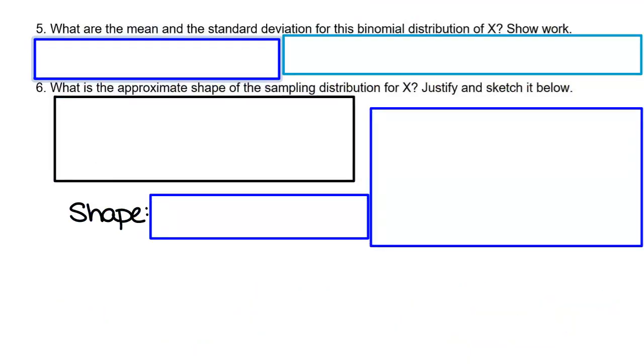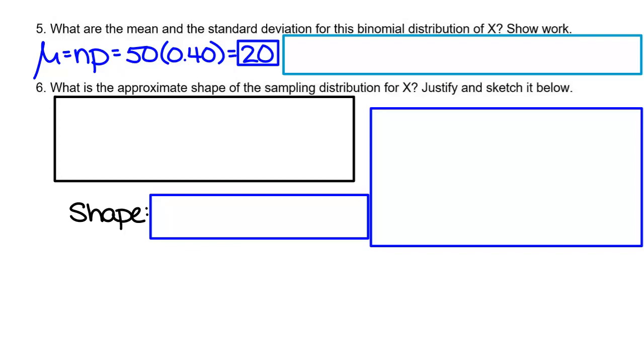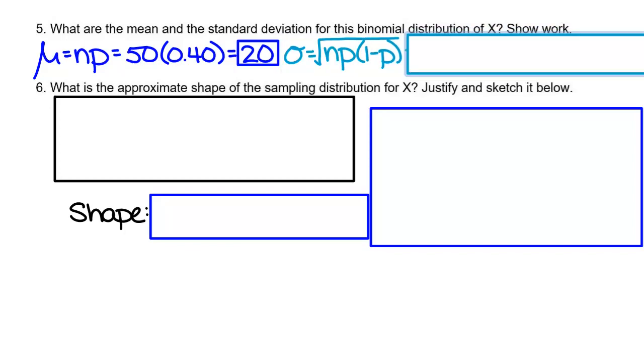We said the mean was 20 because we do N times P. For standard deviation, you guys already told me how to calculate that. Square root of n times p times 1 minus p. What do we get when we do n times p times 1 minus p underneath a square root?